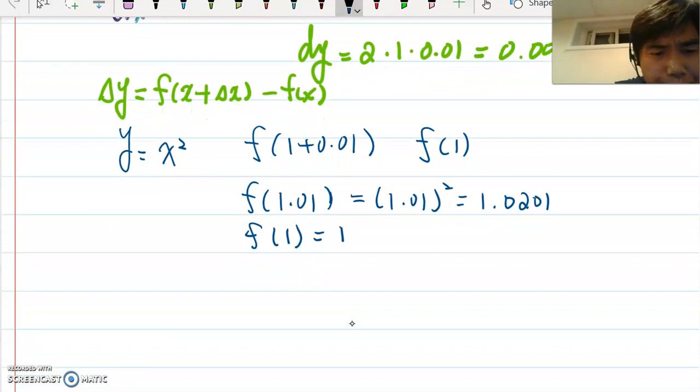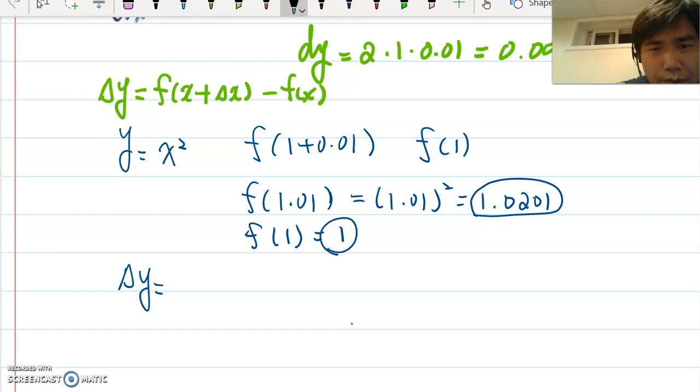Therefore delta y is this value minus this value, so 1.0201 minus 1 equals 0.0201.